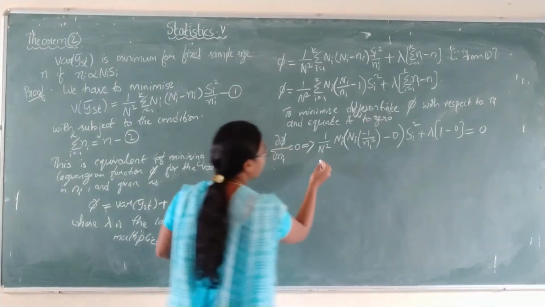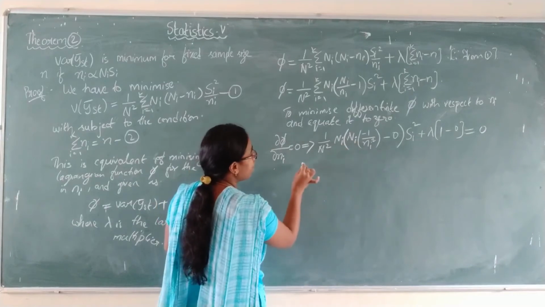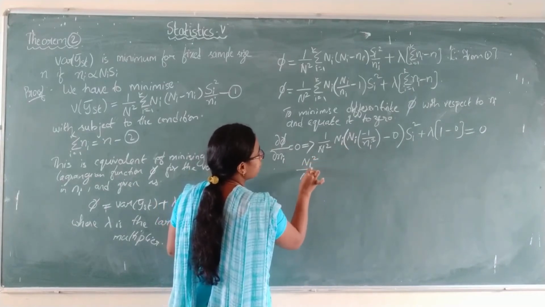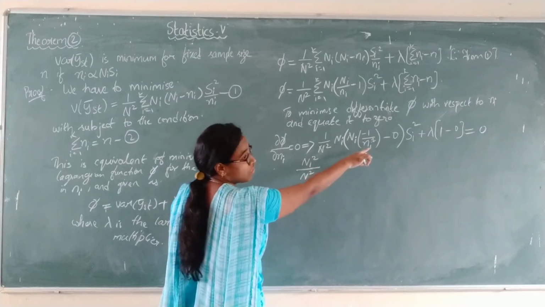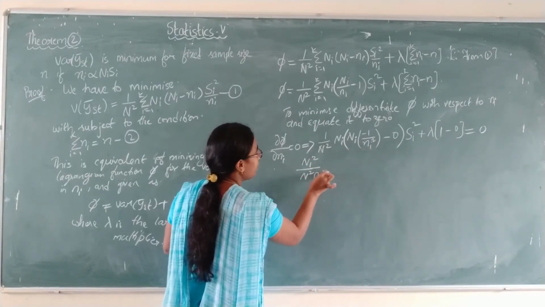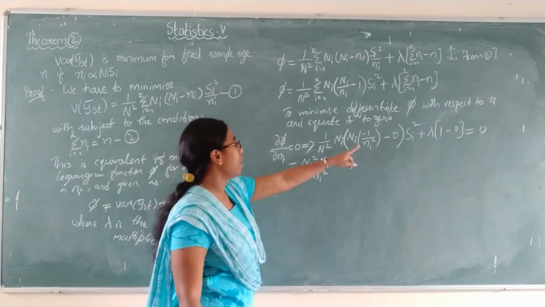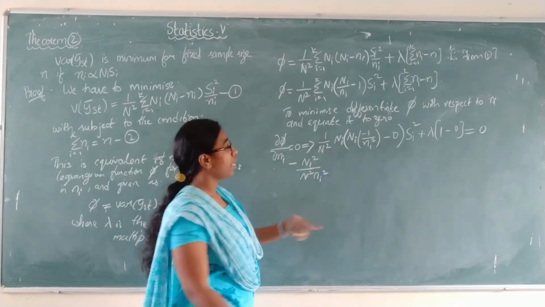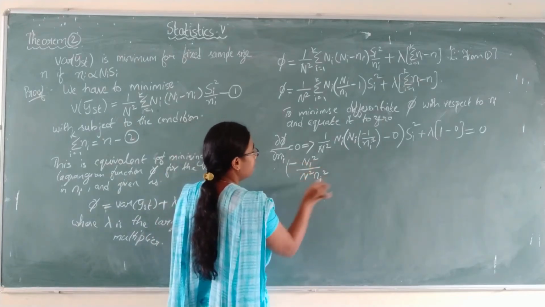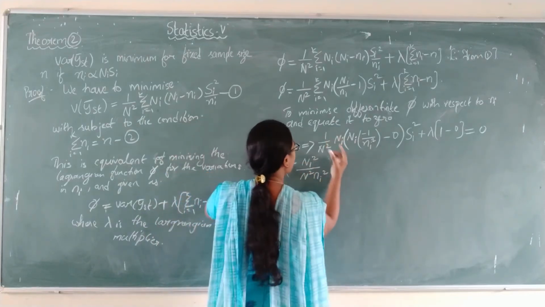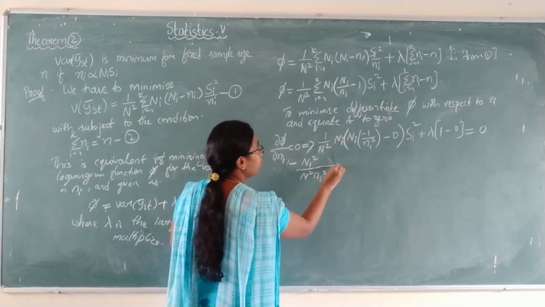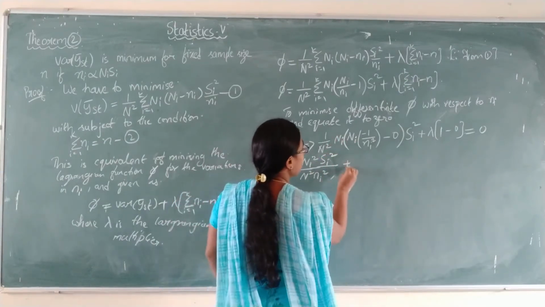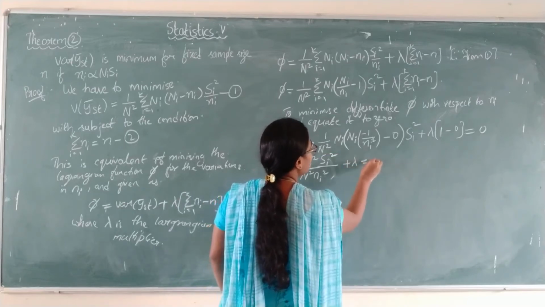We will be getting capital Ni into capital Ni, that is capital Ni square by n square, into, this is also in the denominator, ni square. You have minus, so you will get minus capital Ni square by n square into small ni square into si square, right? This can be written in the numerator itself, that is si square, plus lambda equals 0.